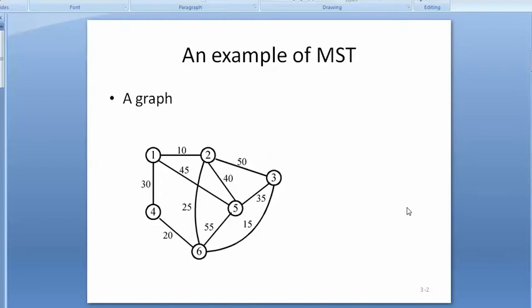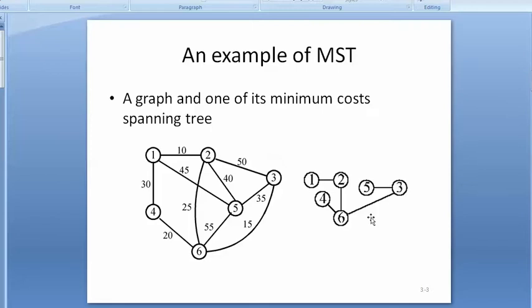Now here is an example of a minimum spanning tree. Suppose this is a graph, which you can see on the screen. It has six vertices, and all the edges are associated with some weights which you can see. For this graph, the minimum spanning weight tree is shown here.